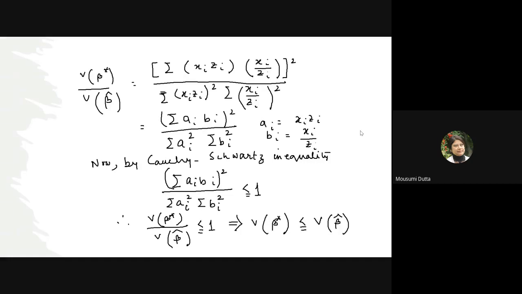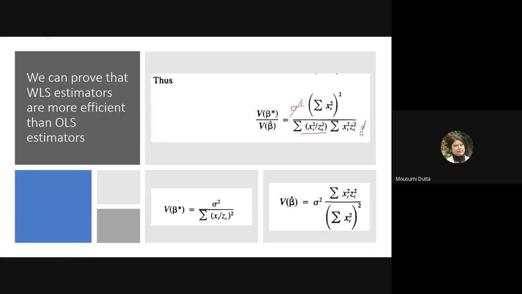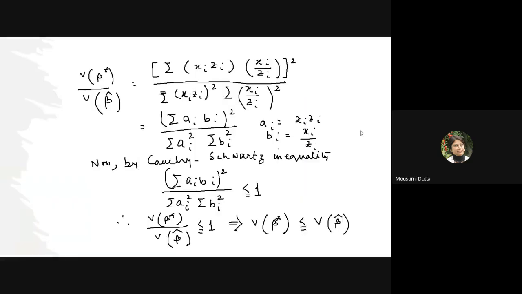Denominator I am keeping as it is, summation xi zi square, summation xi by zi whole square, which was there. I am considering xi into zi as ai and xi by zi as bi. So the numerator is summation ai bi whole square, whereas the denominator is summation ai square into summation bi square.